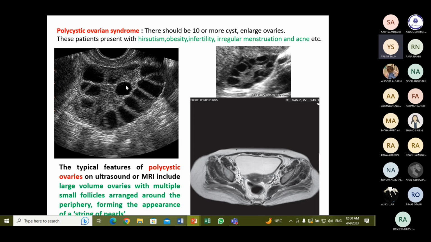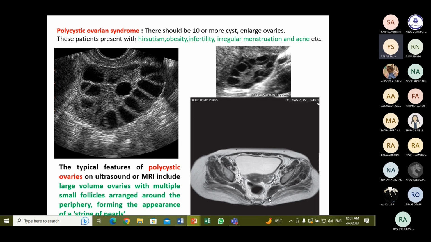This is polycystic ovary by ultrasound, and also polycystic ovary by ultrasound, and this is polycystic ovary by MRI. You can see the left ovary. Notice the cysts located peripherally are hyperintense. We have multiple cysts in the left ovary. This is the uterus, and this is the left ovary.